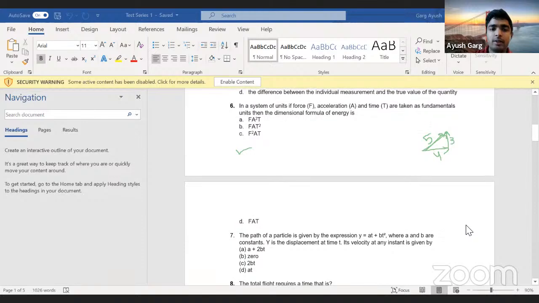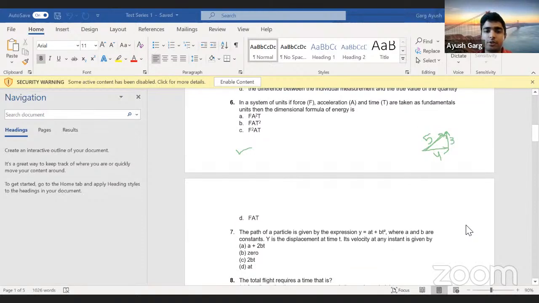Okay, in a system of units, if force F, acceleration A, and time T are taken as fundamental units, then the dimensional formula of energy, again, units and dimensions. Usually when you are working with units and dimensions, you take the three basic units, right?